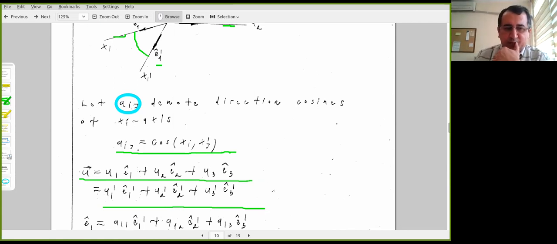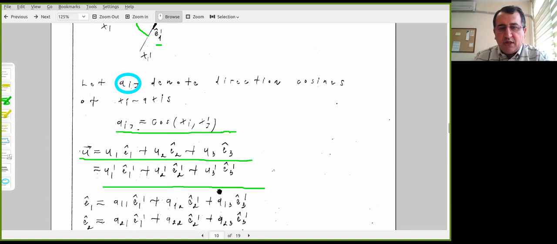e1 hat can be written in terms of ei prime hat. And you can introduce these direction cosines for e2 hat. e2 hat in the primed coordinate system is the sum of direction cosines times the corresponding unit vectors.